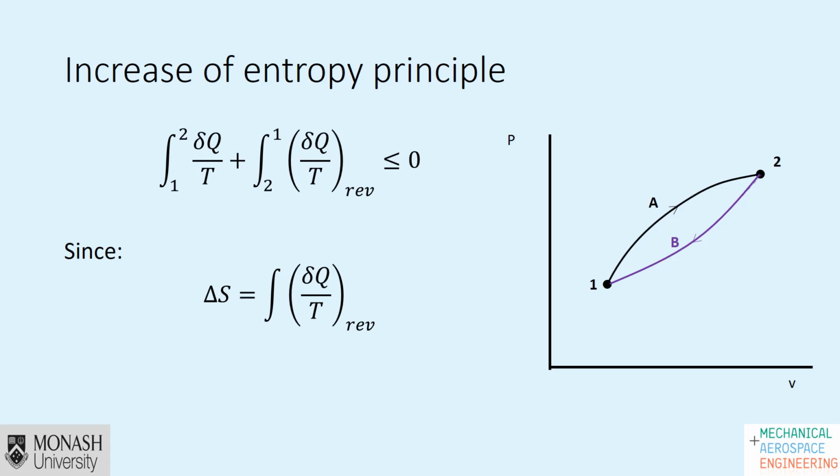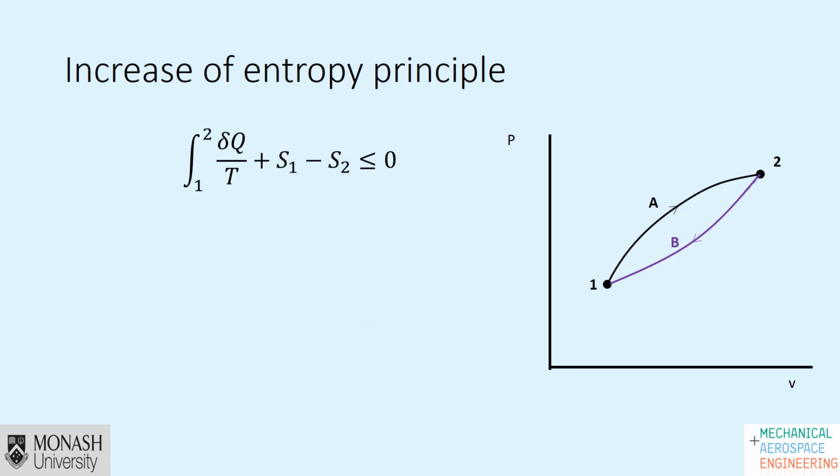So we can substitute this into the expansion of our cyclic integral and replace the integral along that reversible path with the change in the entropy of the system. Now we can't do this for our integral along path A because we haven't said whether or not it's reversible, and we can only use that definition of entropy along a reversible path.